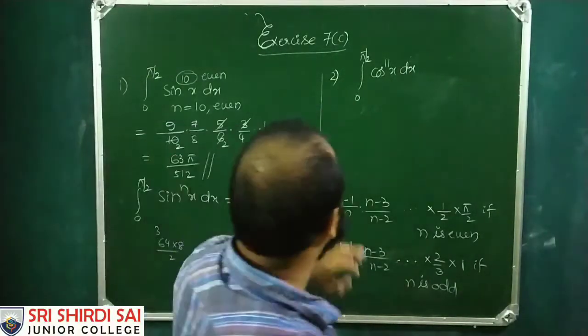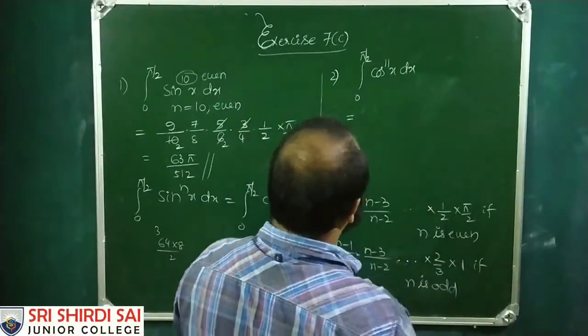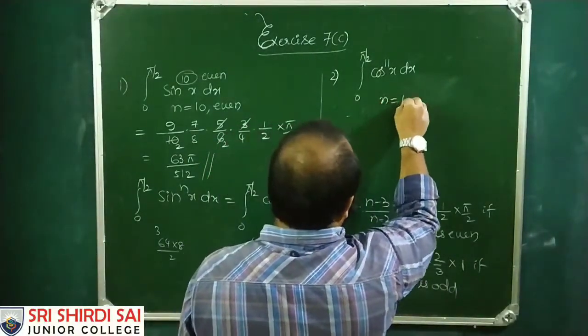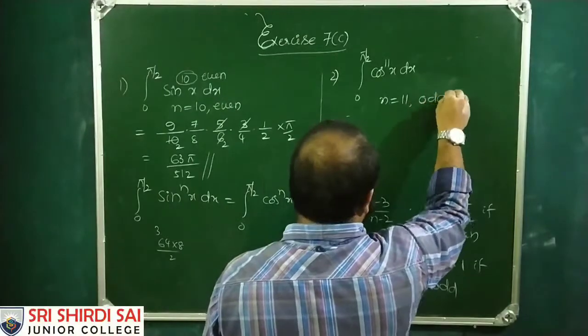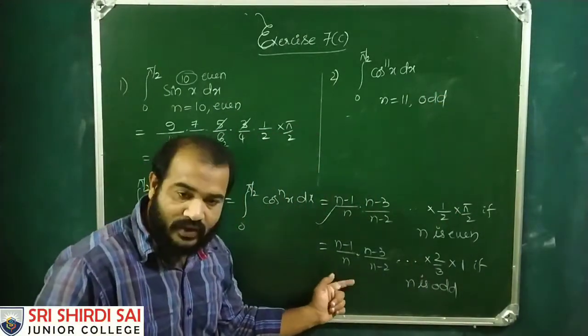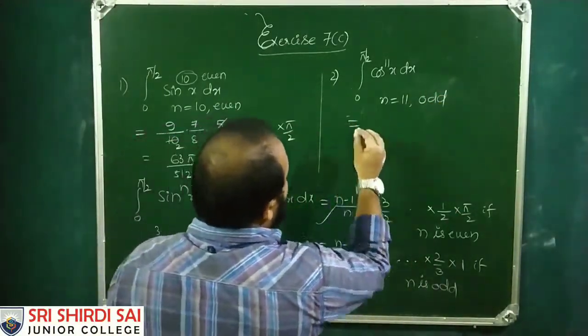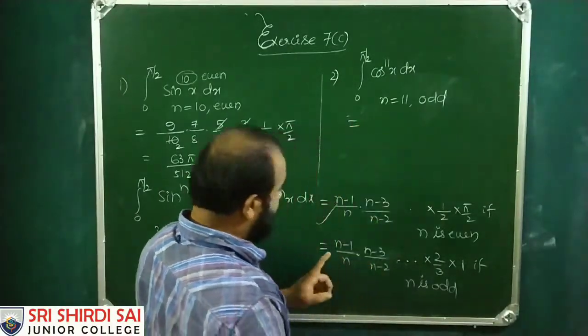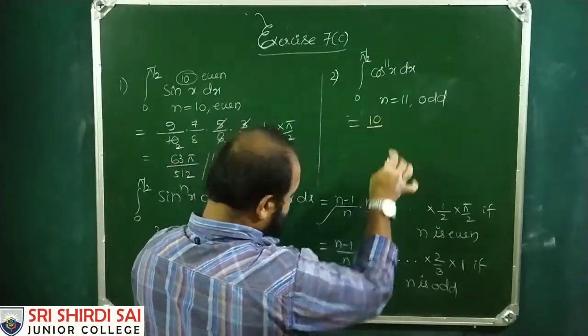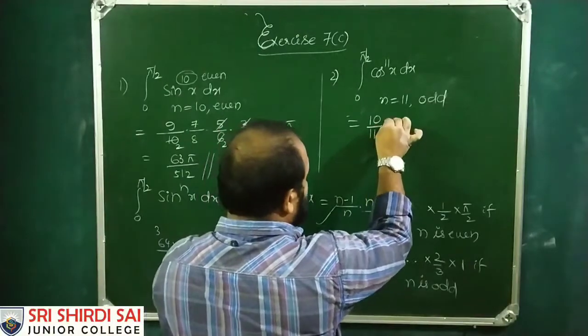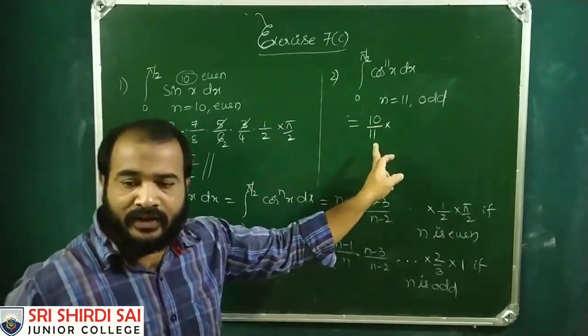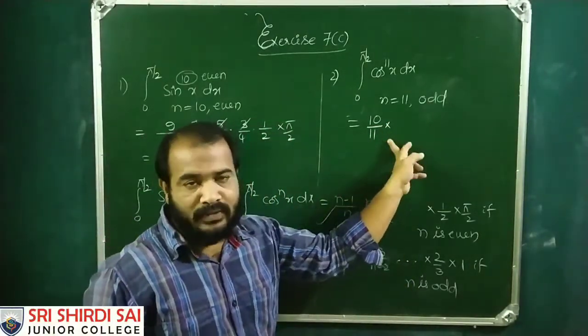And if you come to here, n equals 11, which is odd. So we have to prefer this one. N minus 1 is how much? 11 minus 1, 10 by n, which is 11. So just writing the very first term is sufficient.